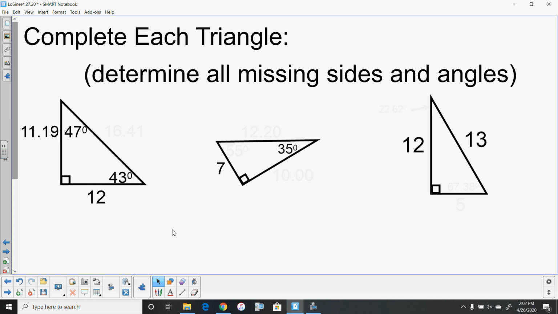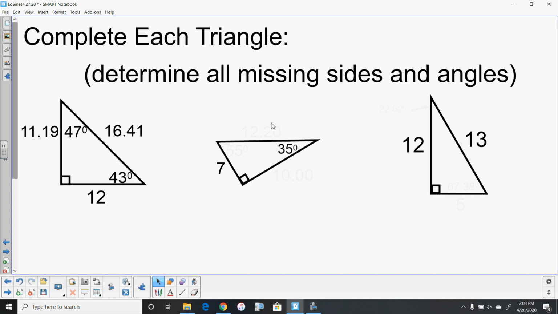Now that you've got 2 out of 3 sides in a right triangle, remember you can always use the Pythagorean theorem, or you could still use cosine or sine if you wanted to solve for that last side, but you would get 16.41. Okay, in my middle example here, if I use 35 as theta and 7 as my opposite side, then you could go ahead and use either tangent to get my adjacent side or sine to get my hypotenuse.